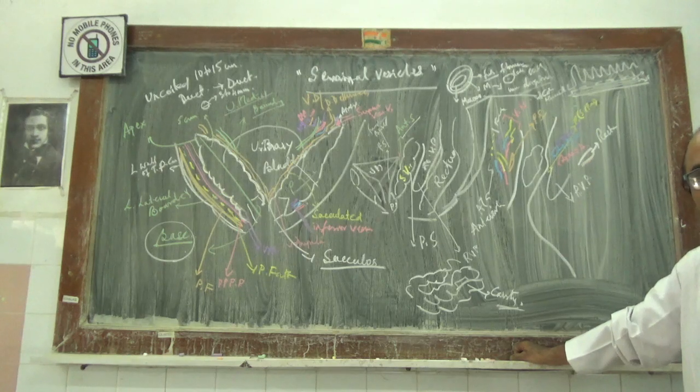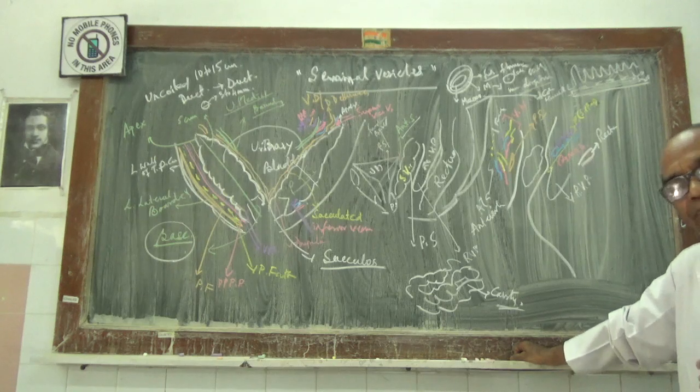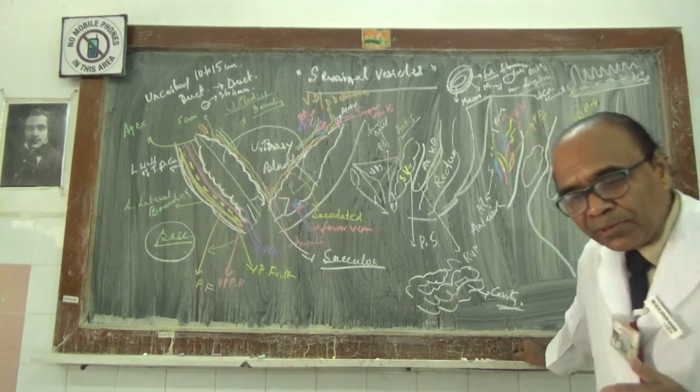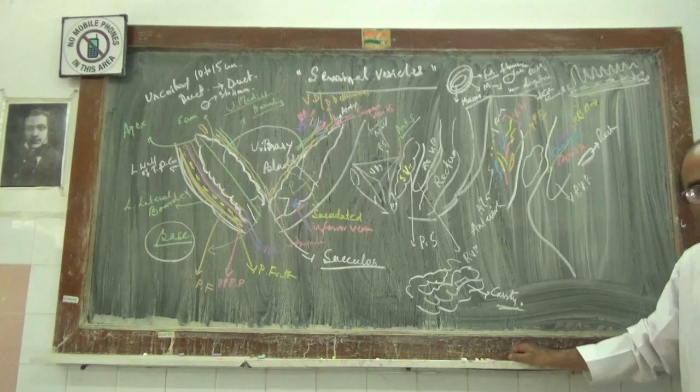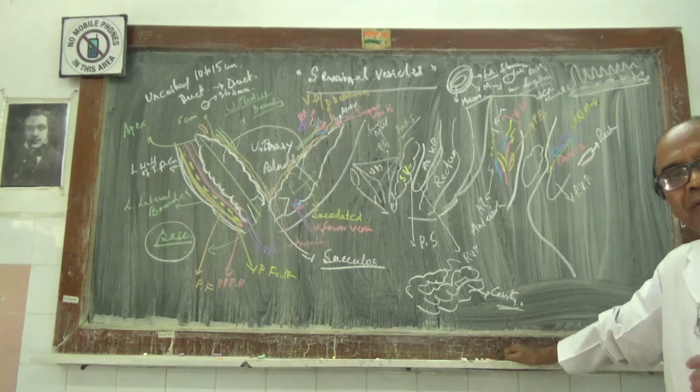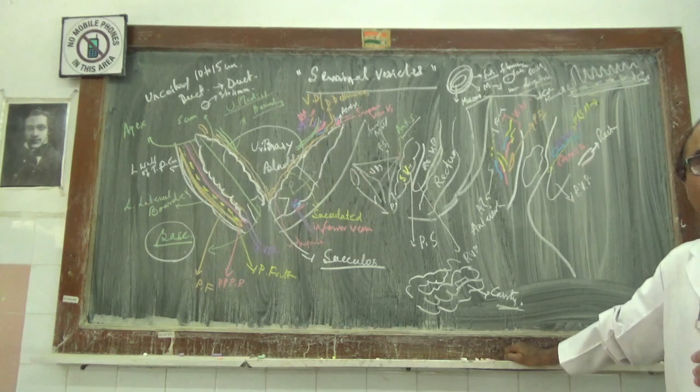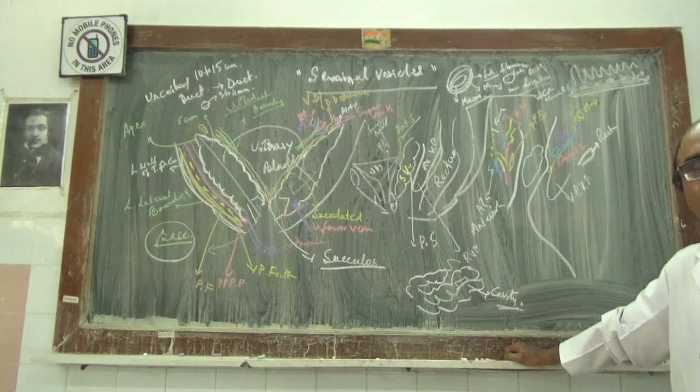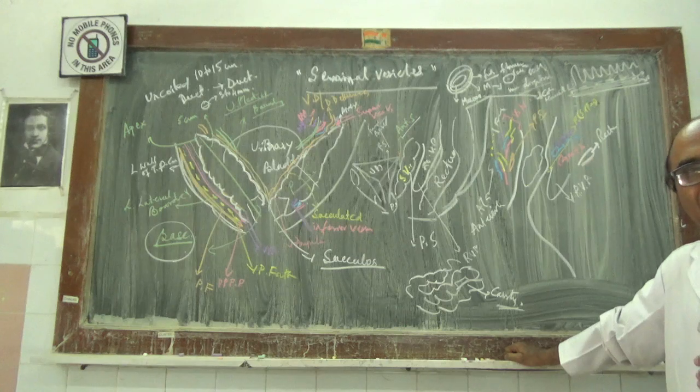From the pre and post ganglionic fibers, or white rami communicantes and grey rami communicantes, white are less, grey are more. From these grey and white rami, some filaments come out. Those are called plexuses.